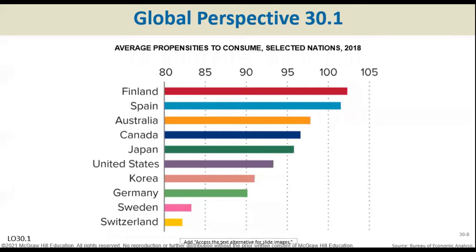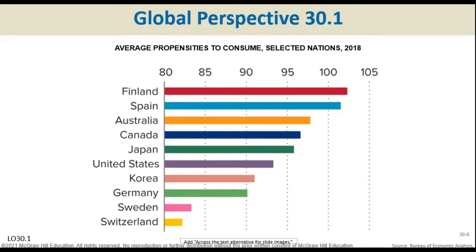So this global perspective shows you the average propensities to consume for selected nations, right? You can see that there is a surprisingly large difference between the average propensity to consume among nations.